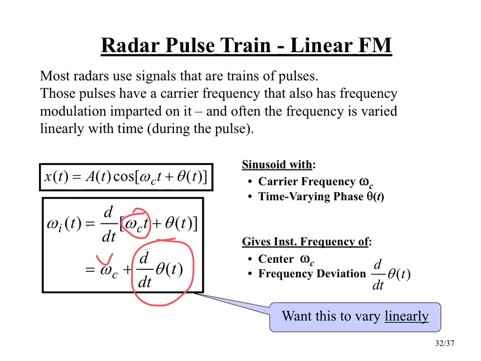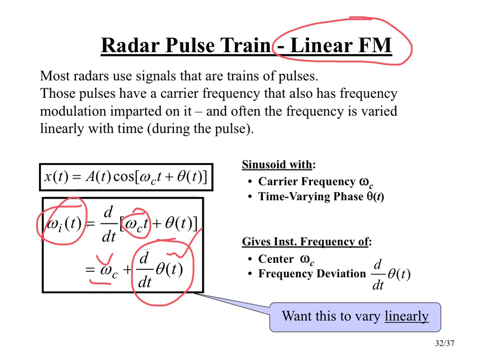So the instantaneous frequency consists of a center frequency plus some deviation around that center frequency.